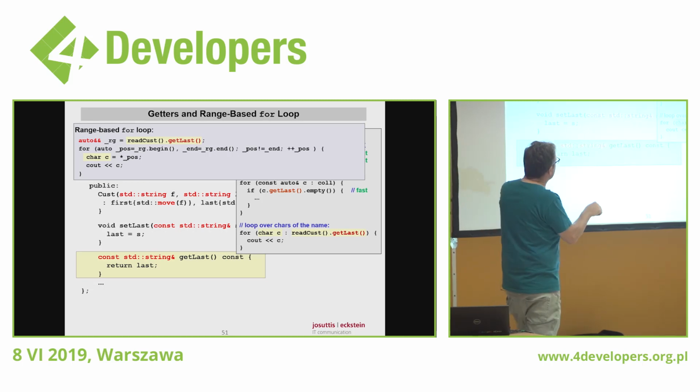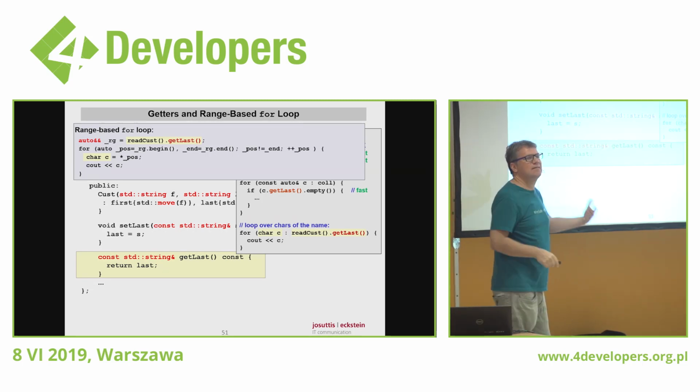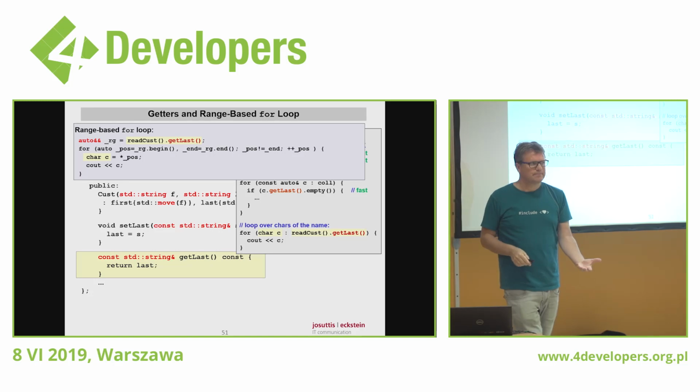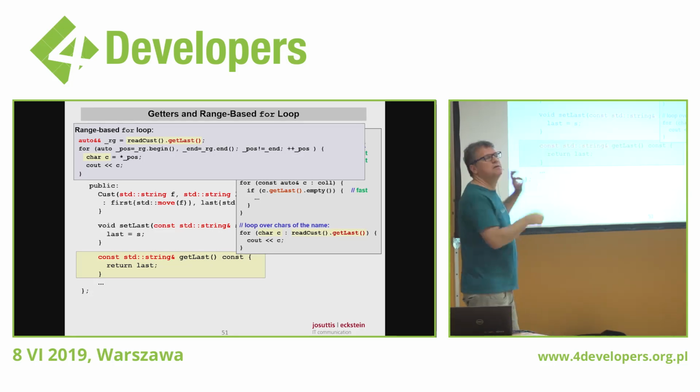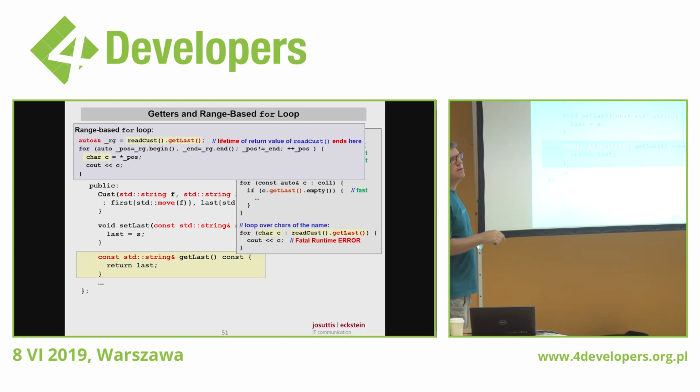We call get_last. Get_last gives us access to the last name of the returned customer. And then the temporary customer gets destroyed before the loop actually starts. And that means that we have a fatal runtime error here.